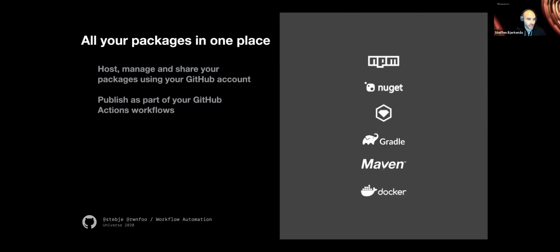So the next point is then also publishing. Part of the magic behind GitHub Packages is how seamlessly it integrates with GitHub Actions. So you can build and publish your package using either a community action, which Rovena already showed you on the marketplace, or you can build your own.